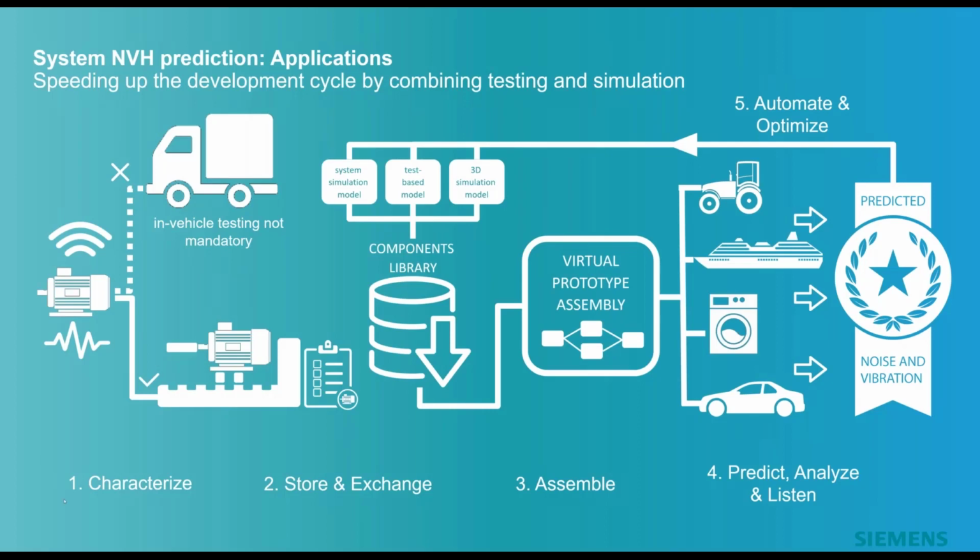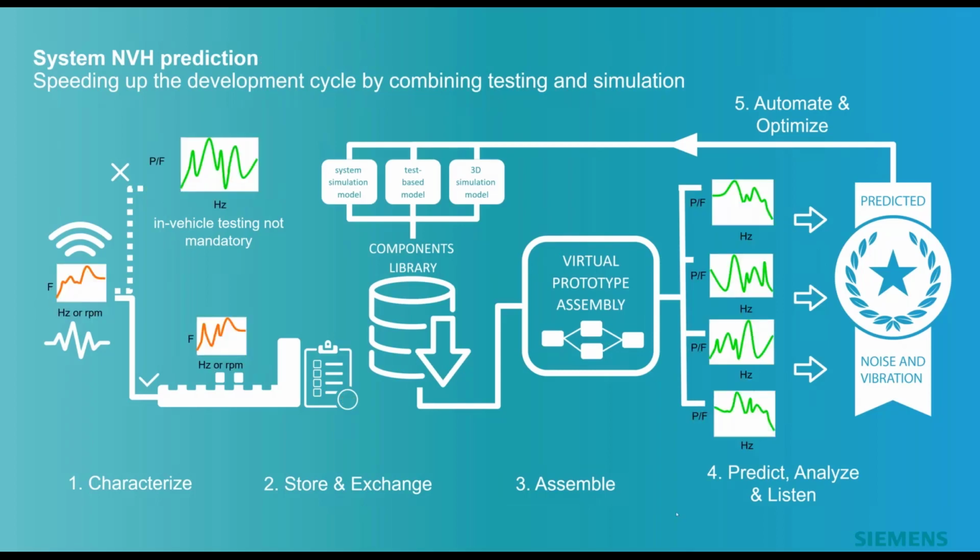As stated already, we have 4 steps in this VPA module, Virtual Prototype Assembly: characterizing our sources, storing and exchanging data in our component library, virtually assembling our component, and predicting the noise and vibration results. Being able to import data from various sources is very important.